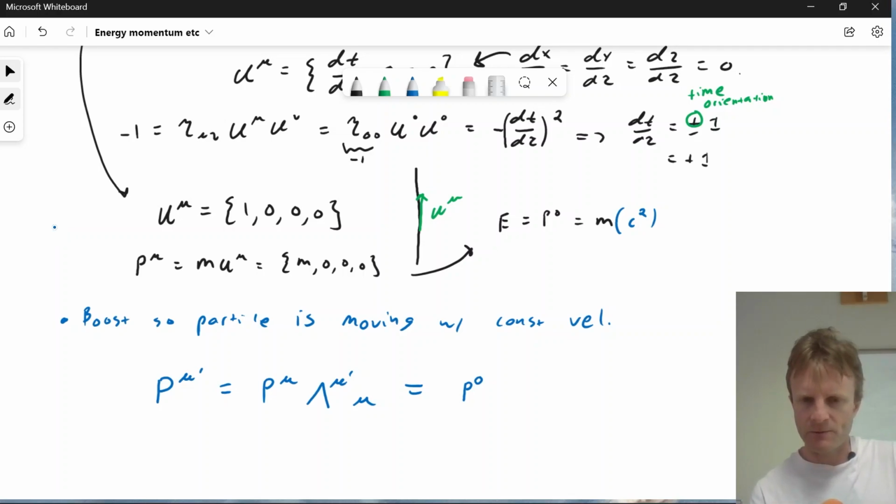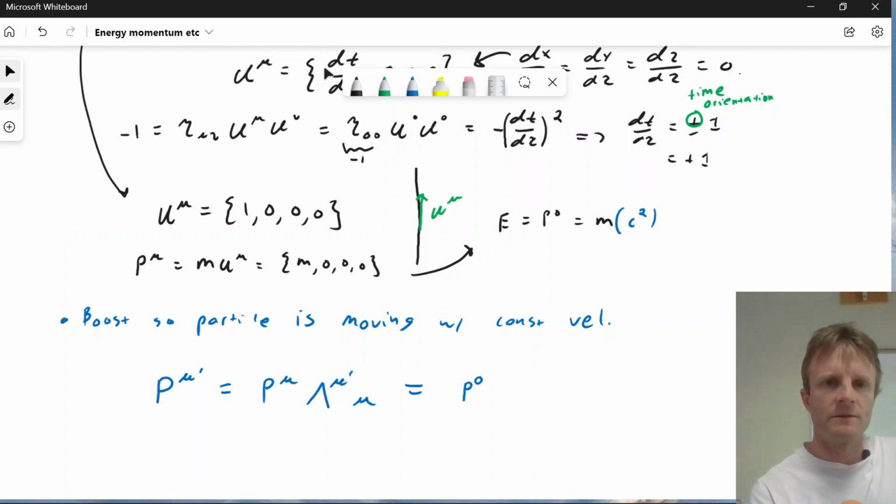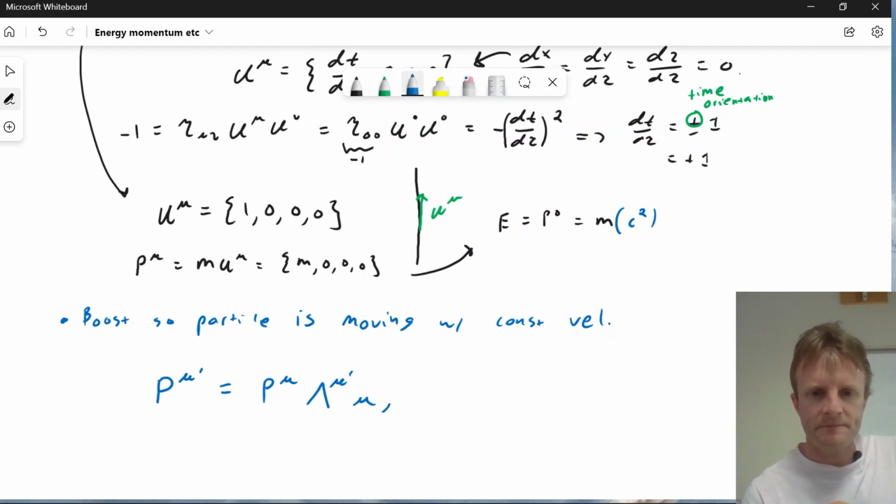How does the lambda work? Let's do it out. So let's do one coordinate at a time. So let's do p^0'.